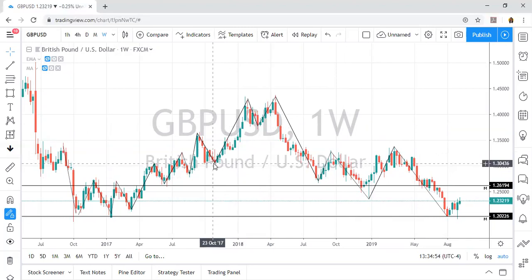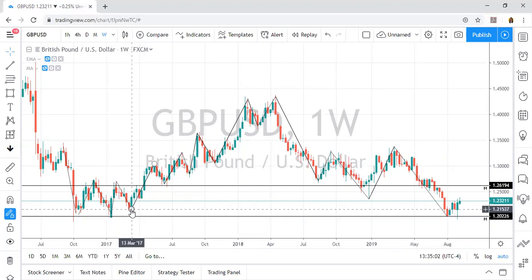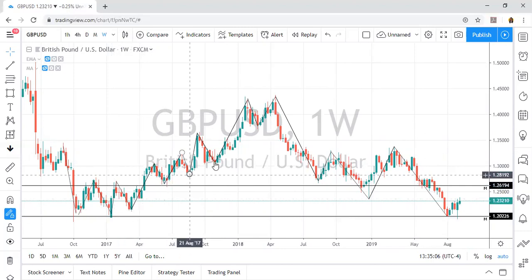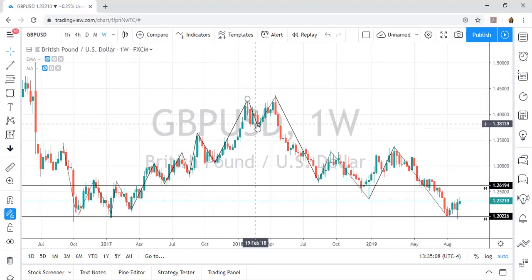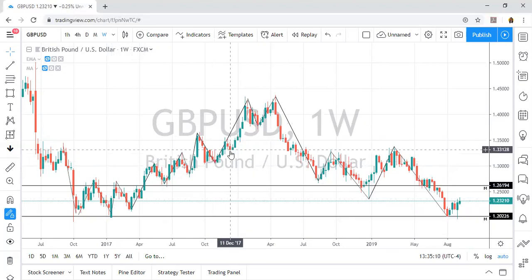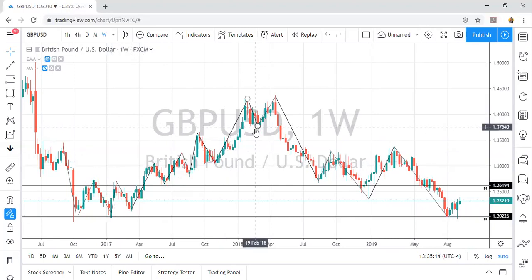So as you can see, we have the low point here, we have our low here, then we have a higher low, higher low, higher low, higher low, higher low, and then we have another higher low here. You can also count this as a higher low as well, that's fine. But most importantly, this is also a higher low as well.